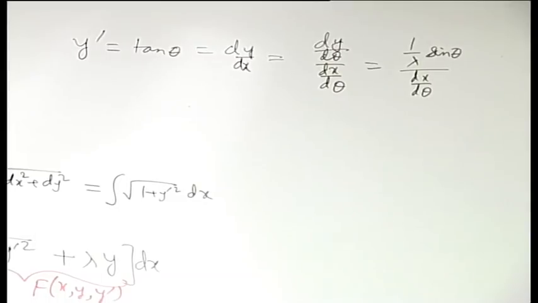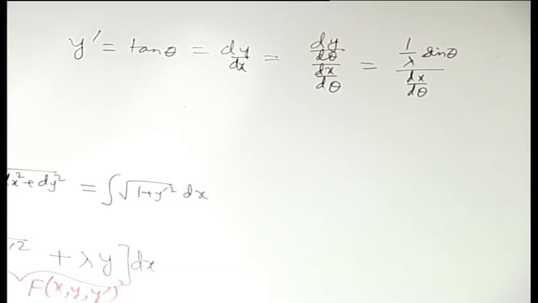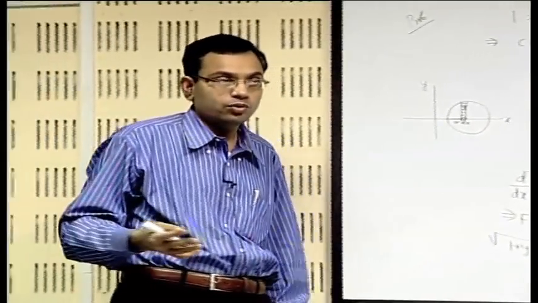So you can get an expression for sin theta, you can get an expression for cos theta, and you can eliminate those by writing sin square theta plus cos square theta equal to 1.